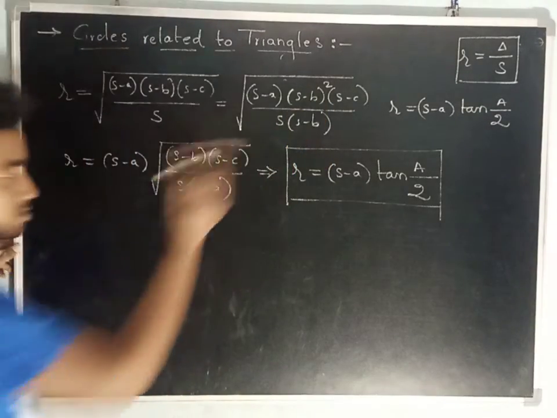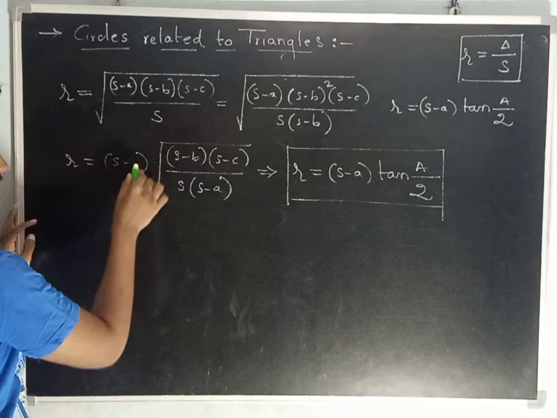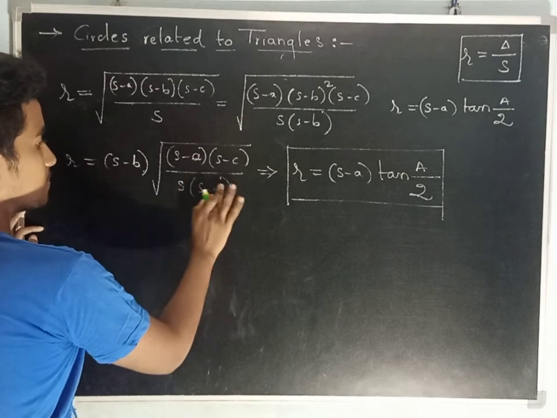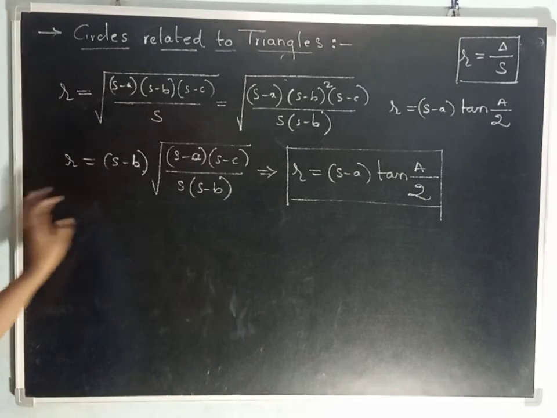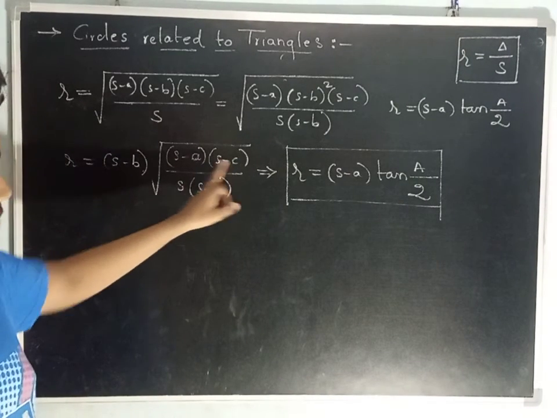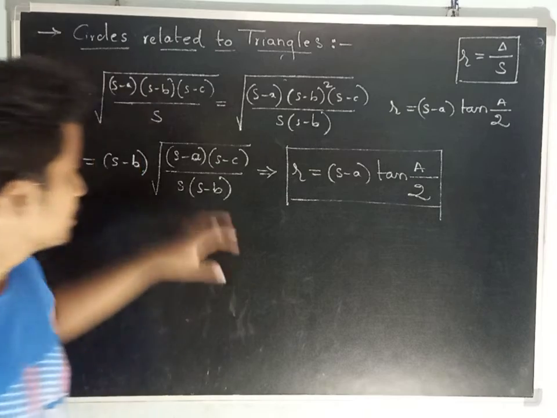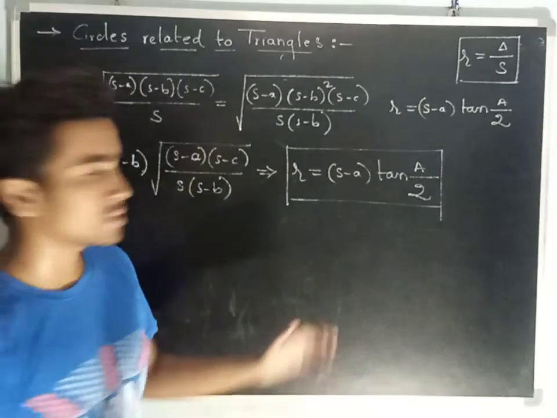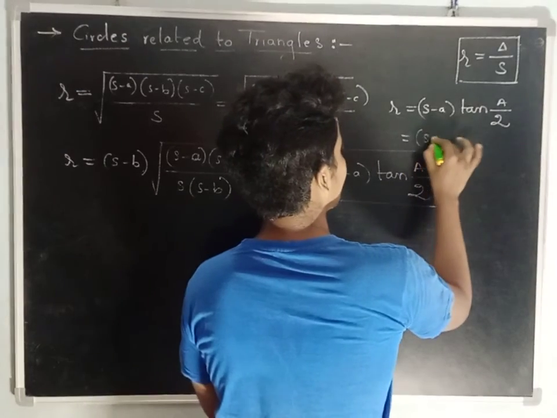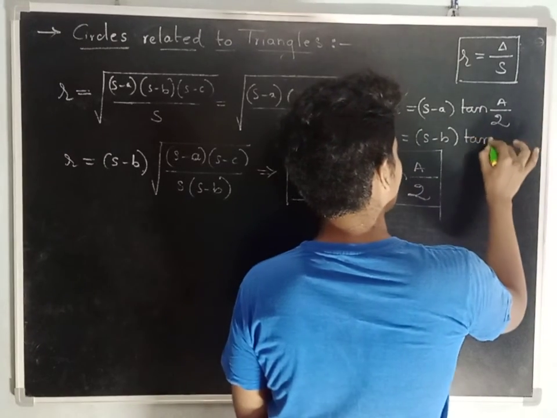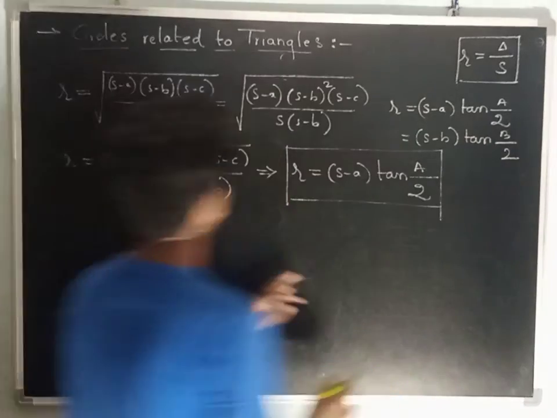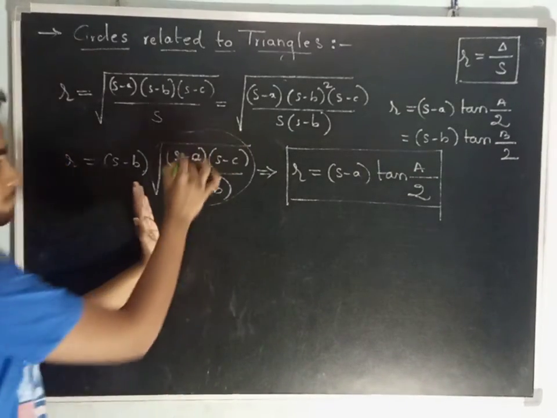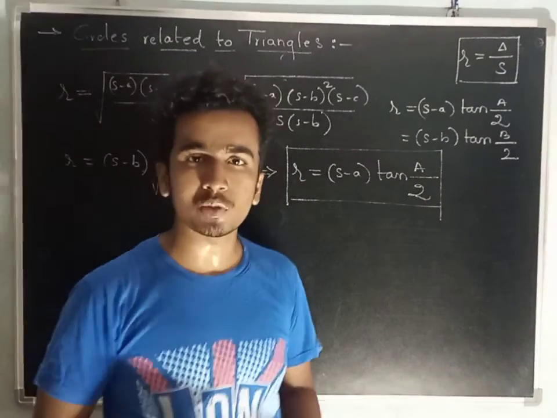Let me take (s minus b) whole square out, so that finally I get s minus b into root of (s minus a)(s minus c) by s(s minus b). It shows us the direct form of tan B by 2. It's nothing but (s minus b) into tan B by 2.